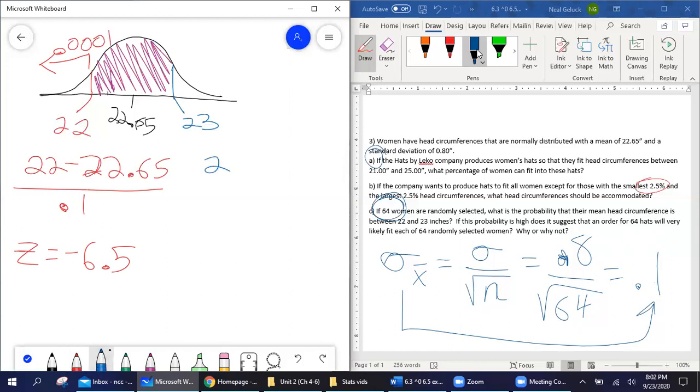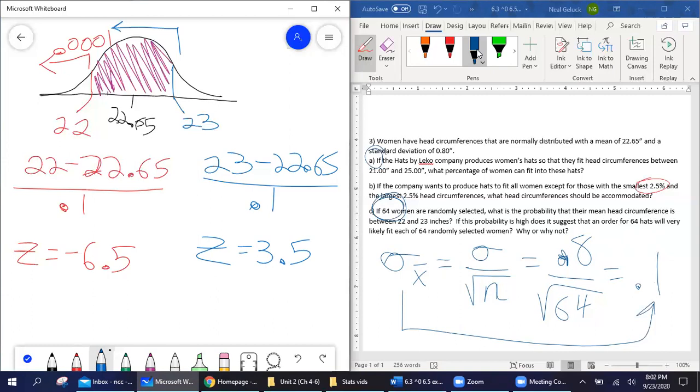With the 23, again, I'm dividing by that new standard deviation because it's a group, not an individual. That'll give you 3.5 for a Z-score. It says the area left of 3.5 or bigger is, we'll just call 0.9999.